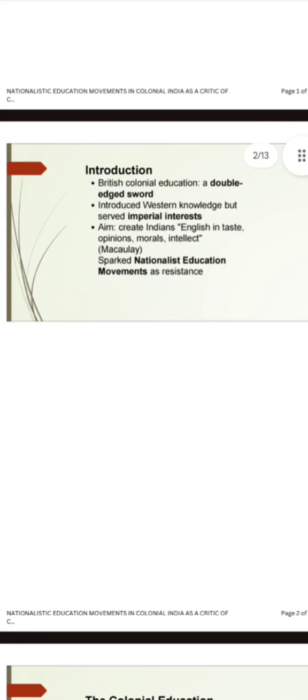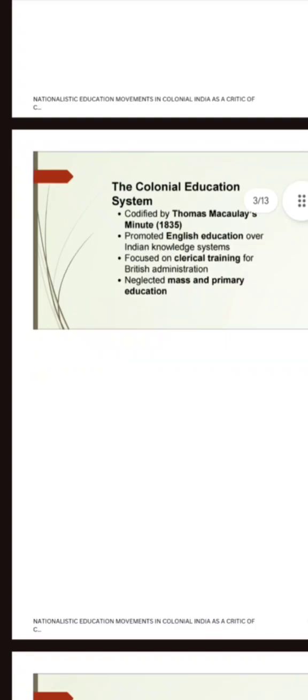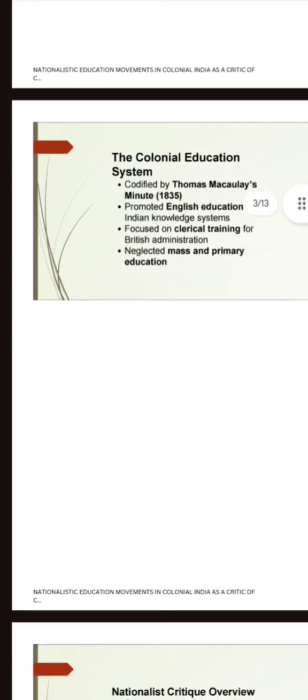It analyzes the colonial education system's flaws and the nationalist vision for a truly Indian model of learning.